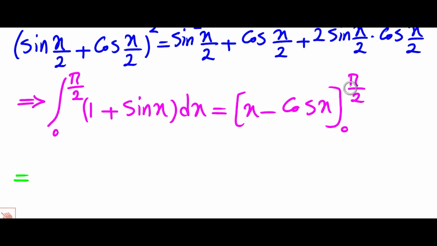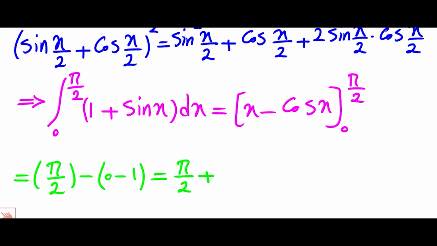At x equals pi over 2, we have pi over 2 minus cosine of pi over 2, which is 0, right? Minus, at x equals 0, we have 0 minus cosine of 0, which is 1. So the final answer is pi over 2 plus 1.